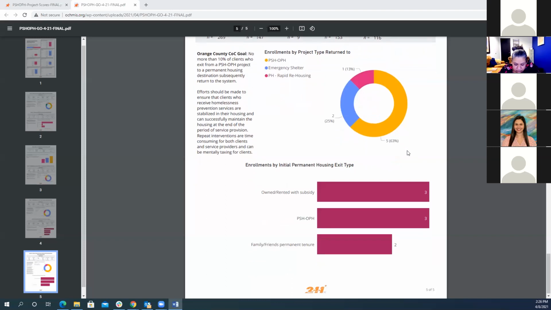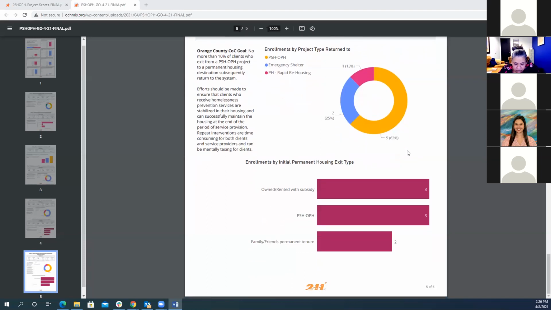Just a question. If, for instance, someone left a PSH project, but within those 2 weeks re-enrolled at a shelter, that shelter wouldn't be counted in this calculation, would it? No, because it was within 2 weeks. I think I know at least how to explain that on Mercy House's end. If we're ever dealing with an eviction type situation, we usually try to connect them to a shelter as quickly as possible.